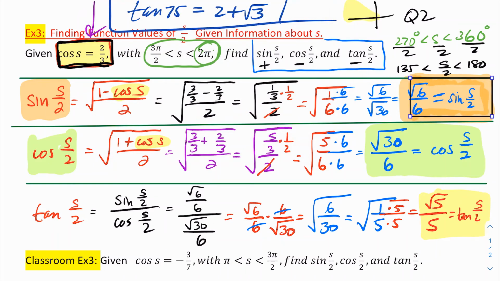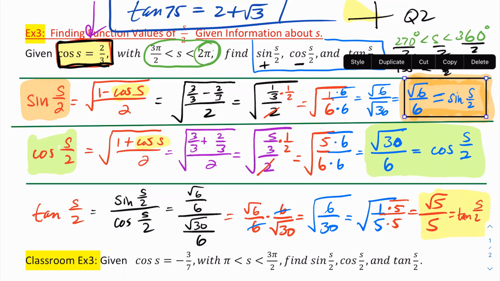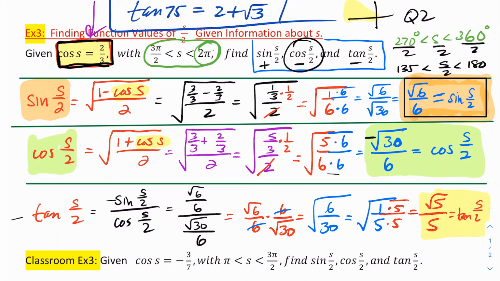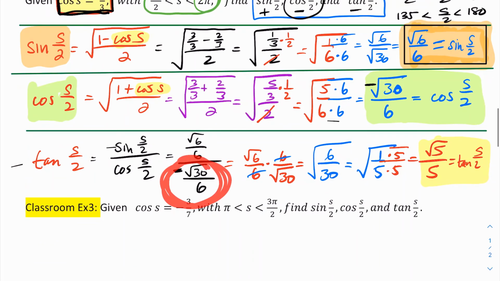Now, for cosine, what we didn't do, and I forgot to mention after I got all this, is that it has to be negative. Okay? So cosine must be negative, and if cosine's negative, that also will make tangent negative. Why? Because I need to make the denominator here negative. Okay?